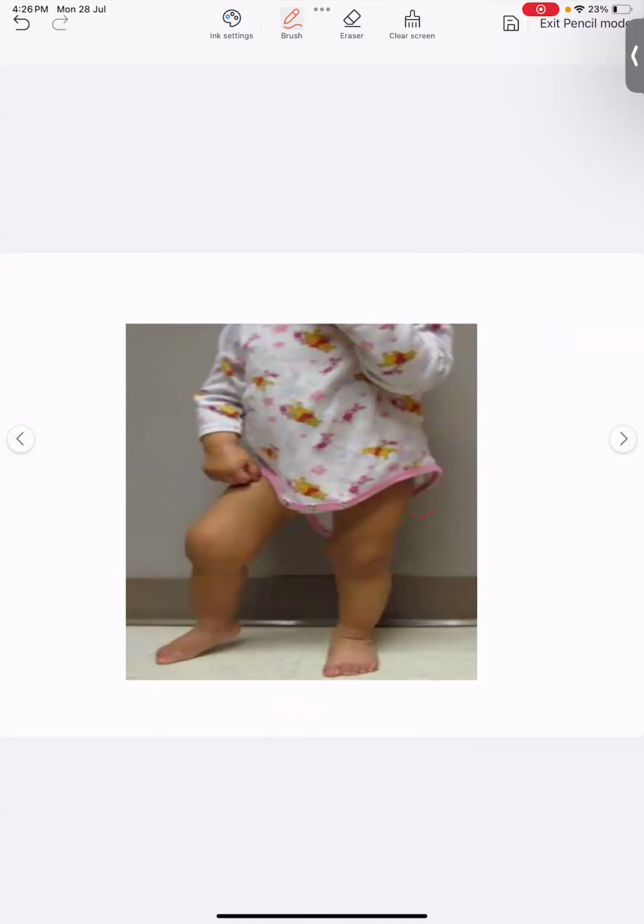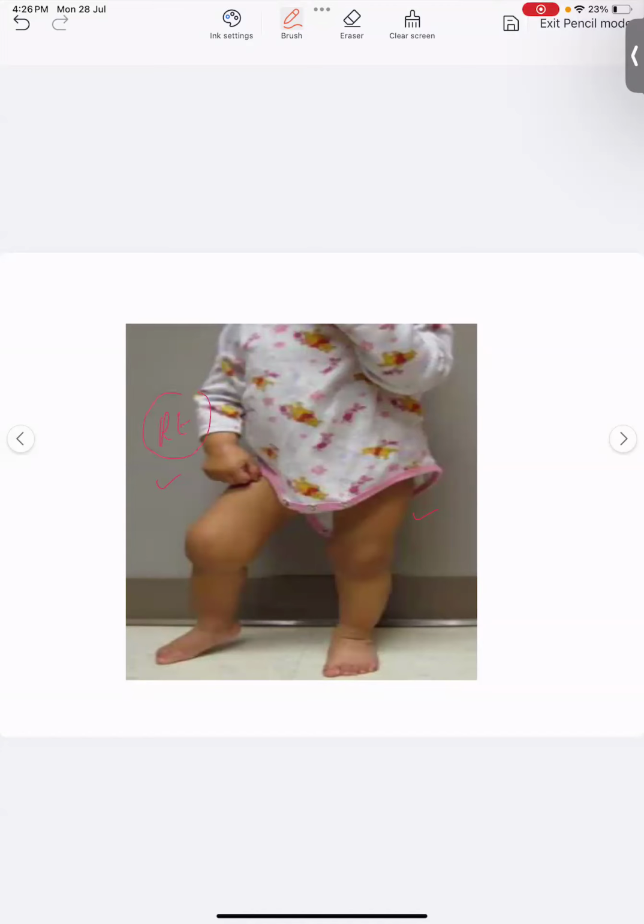This side or this side? Where is the abnormality? Right side. Okay, so here is the abnormality.